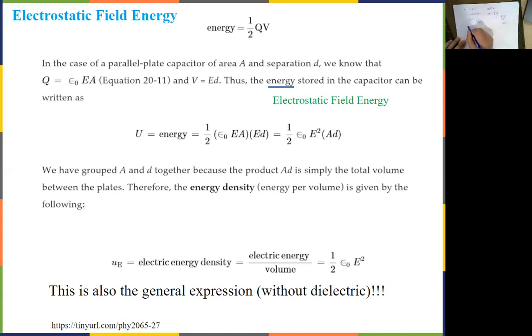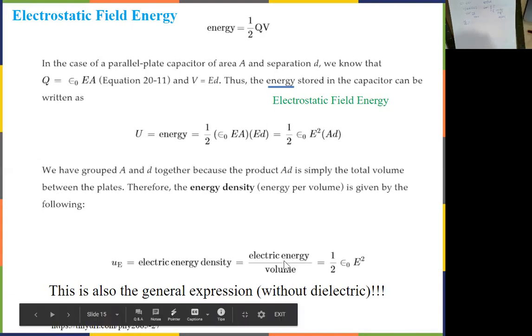If you do energy divided by volume, then that gives you energy density, which is what this slide is about. So the electric energy stored in the capacitor divided by volume will be just equal to 1/2 epsilon naught times E squared.